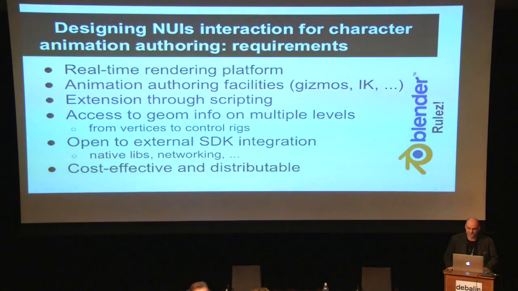We needed for sure the possibility to script to add the features to the platform. And even if now we are working only on the main character animation using IK controllers, in the future we might need to do some geometry analysis to detect collision, self-body collisions, to improve the quality of the authoring. And we needed to take input from external SDKs and devices.